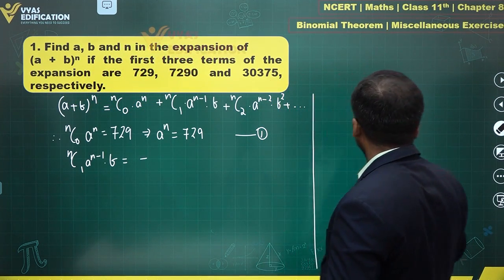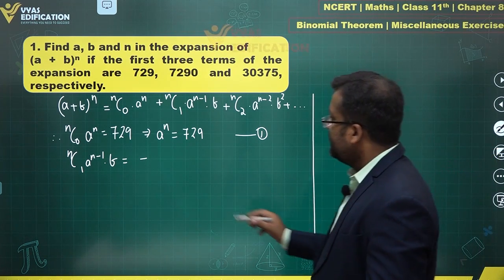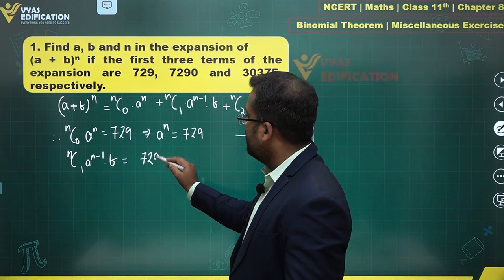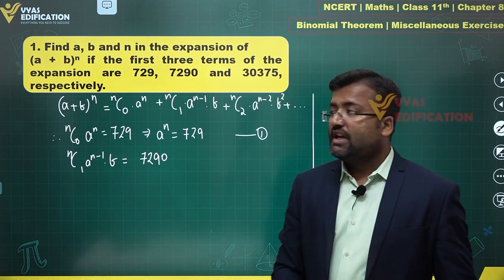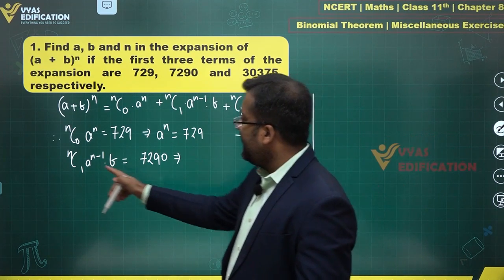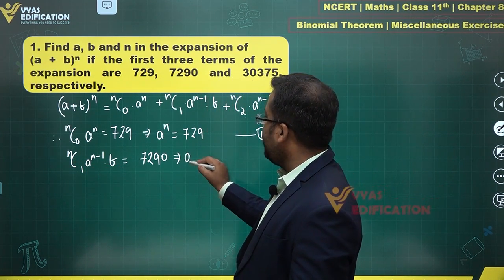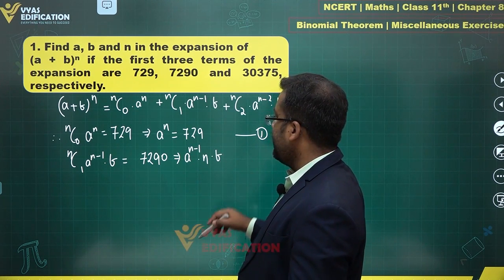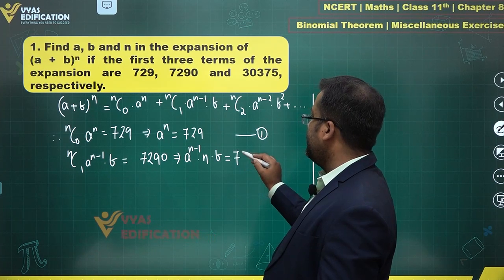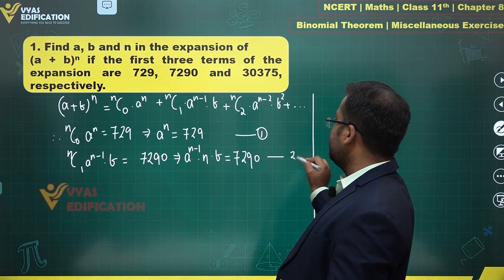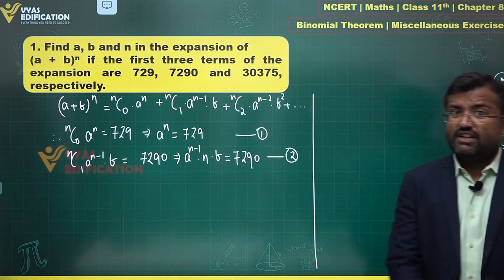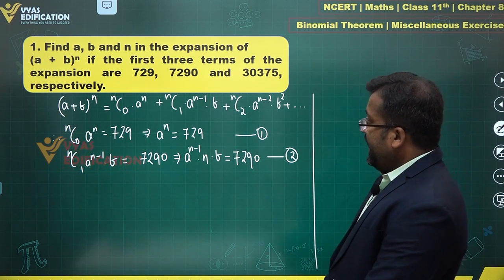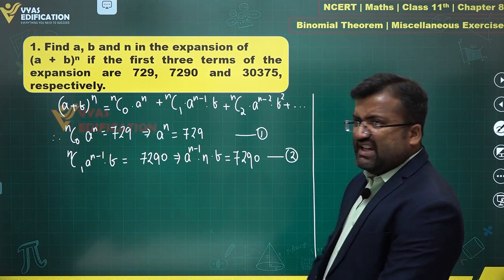Okay, not 2790, this is 7290. Let's simplify this. nC1 is n, so this is n times a^(n-1) times b is equal to 7290, which is the second equation that you have. N times a^(n-1) times b is 7290.